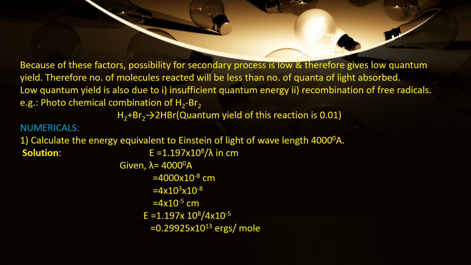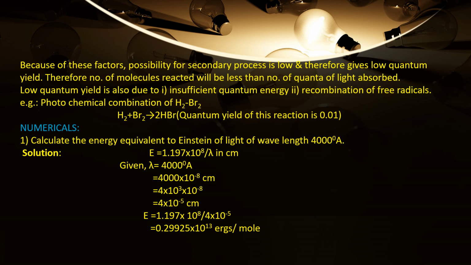Br2 should absorb 1 quantum of light and dissociate into 2 free radicals, Br free radical plus Br free radical. Recombination of free radicals means the Br free radical and the Br free radical combine together and go back to Br2. So there is no chance for secondary process. Hence the number of molecules will be reduced compared to the number of quanta of light absorbed, by which phi value will be less than 1.